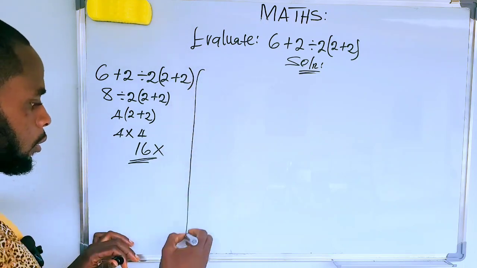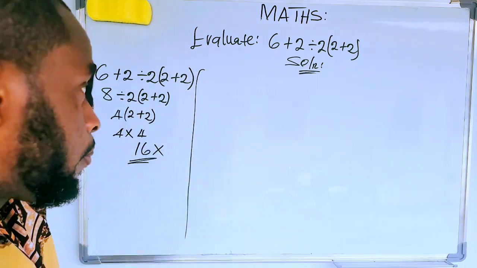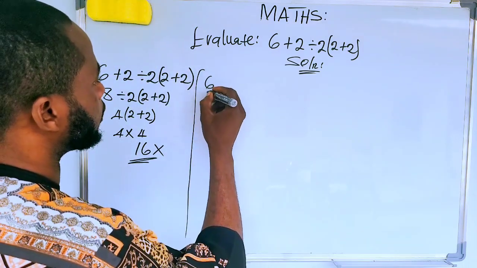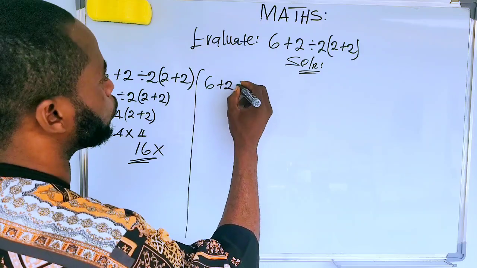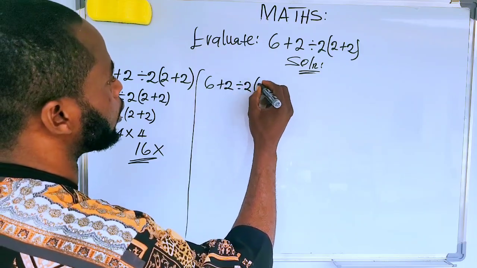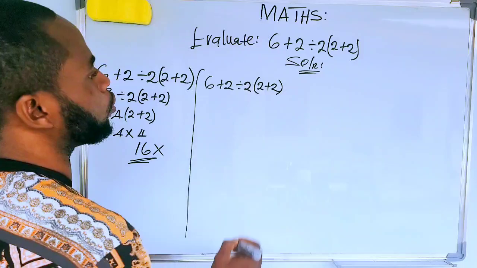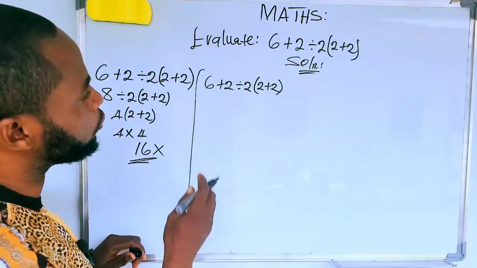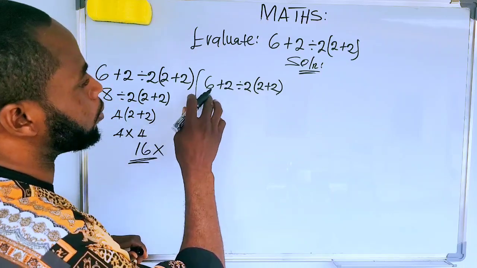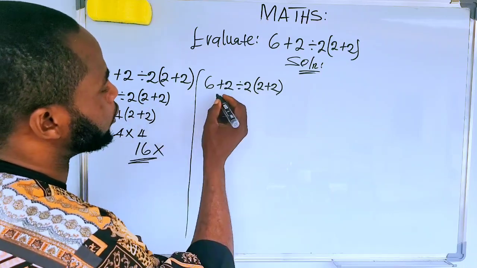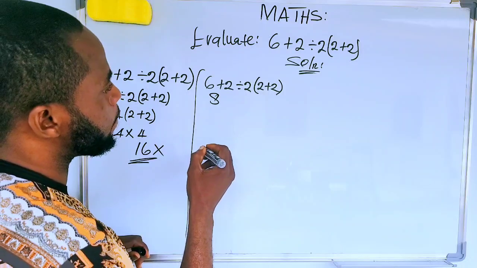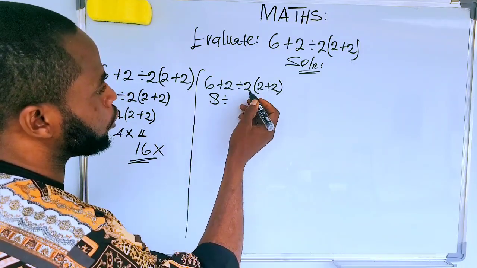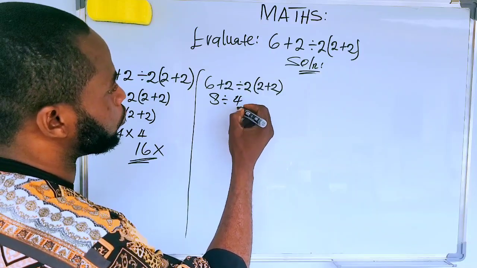Now and again, still on this, some persons will simplify it in this form. You have 6 + 2 ÷ 2 × (2 + 2). Then right here, we have this. You have 6 + 2, that gives 8. Then divided by, here expand this, 2 times 2, that gives 4.